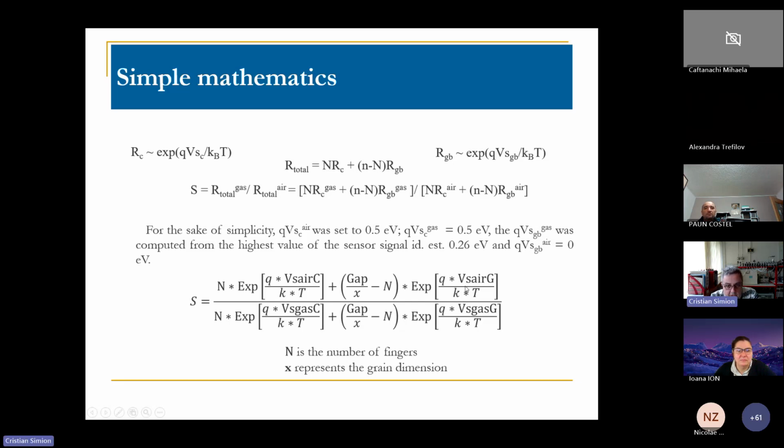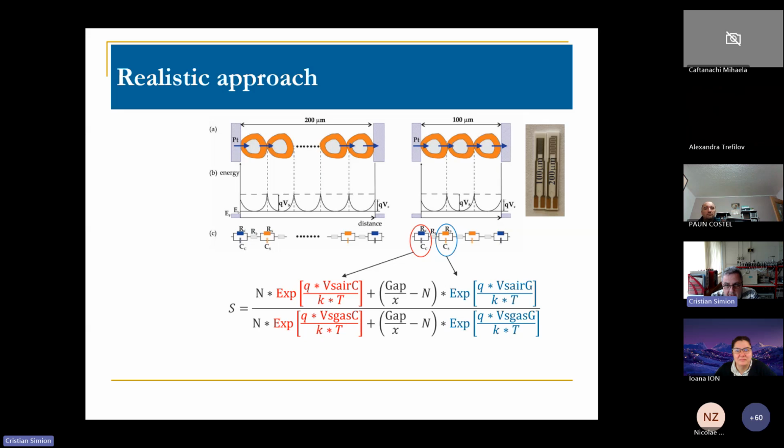Well, now it's a more realistic approach. On the right-hand side, we have the substrate, which has 100 and 200 micrometers. And here I have represented the RC circuits dealing with the grain-to-grain boundaries, which are responsible for the increase in the sensor signal, and the RC circuits responsible for the platinum-semiconductor metal-semiconductor contact, which are basically dead, representing equivalent circuits.